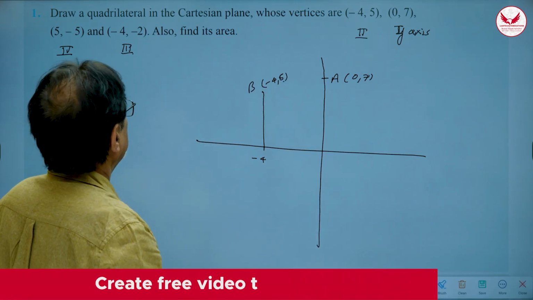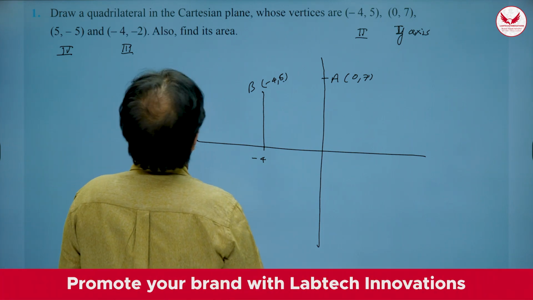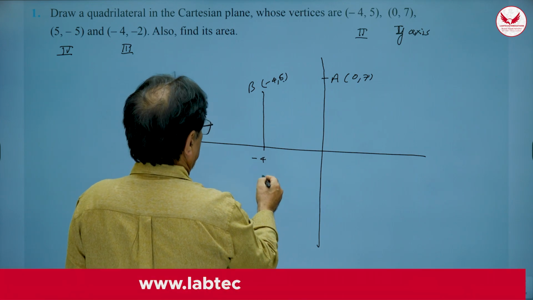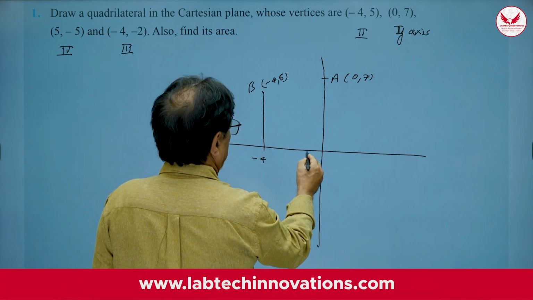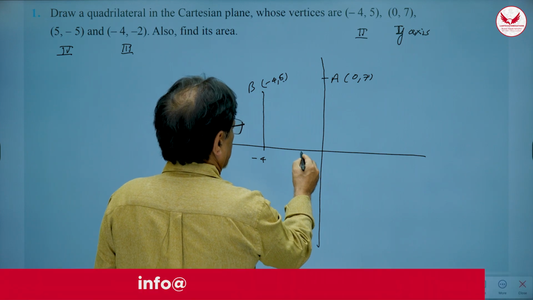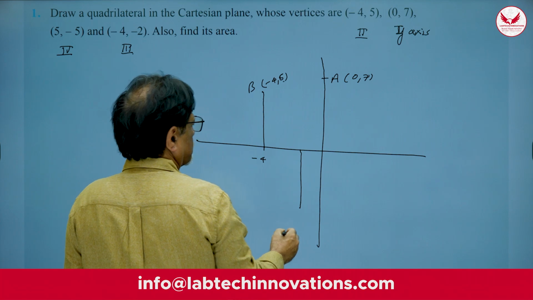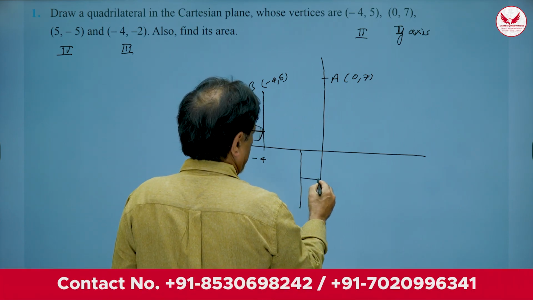Now, third quadrant, it is (-4, -2). So -4 is the same here, only the y coordinate is -2, so the point is somewhere here. -2 means the distance will be half.